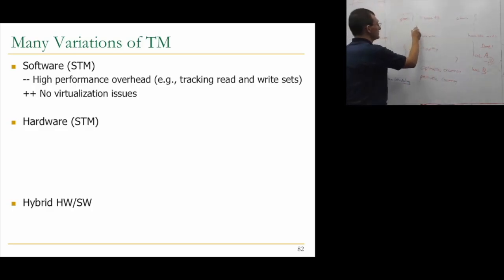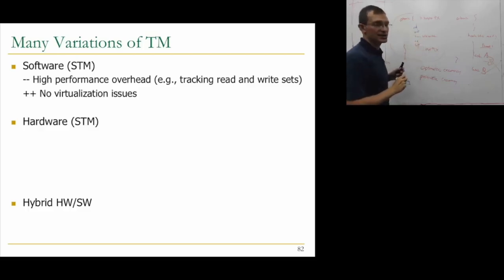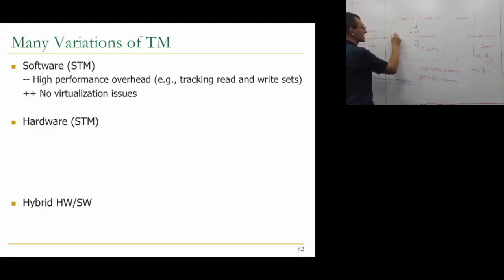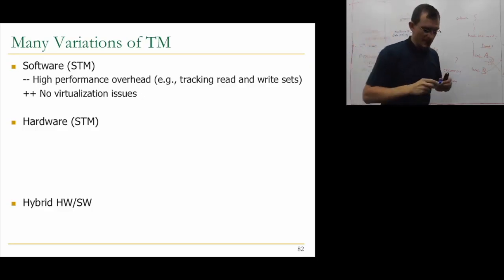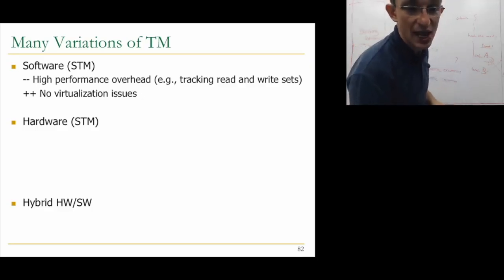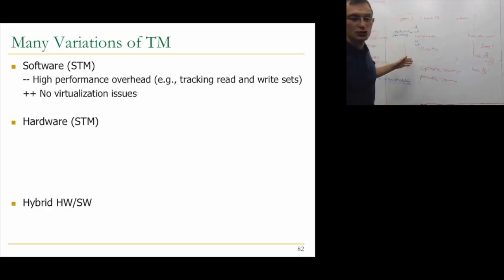For example, when you do reads and writes with software transactional memory, these need to be kept track of in some data structures that keep the read set and the write set. And these data structures are part of the program, and when the program is interrupted, those get saved somewhere. So virtualization is automatically handled.